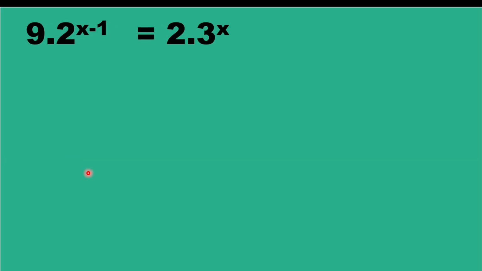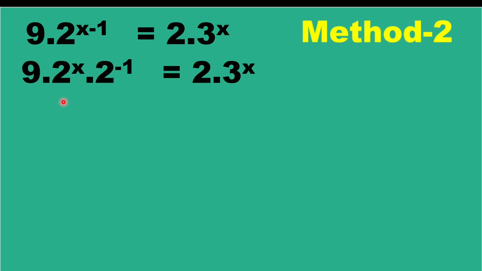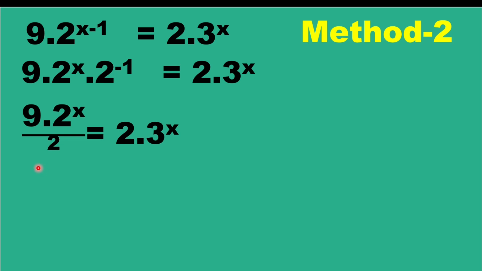And now let's try method 2. In method 2 we can write this 2 power x minus 1 as 2 power x into 2 power minus 1, and now we will send this 2 power minus 1 into the denominator, so this will become 9 into 2 power x divided by 2, and 2 into 3 power x.